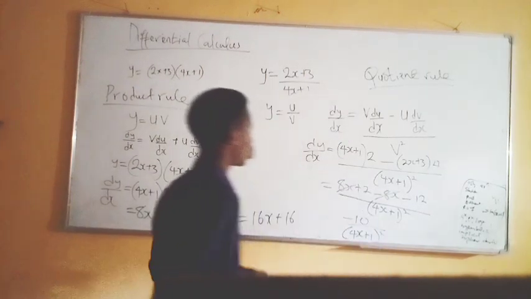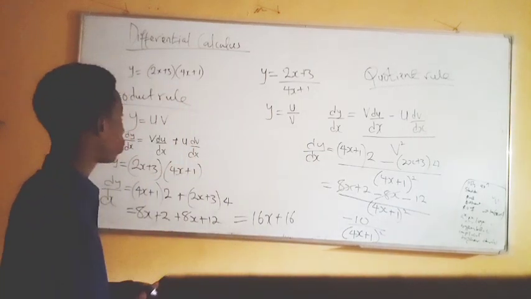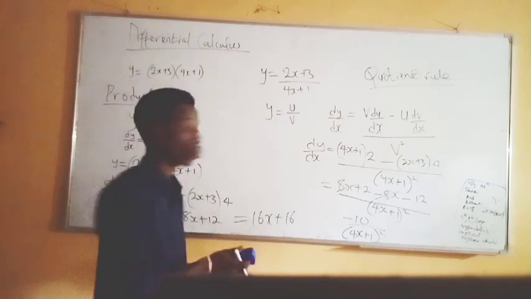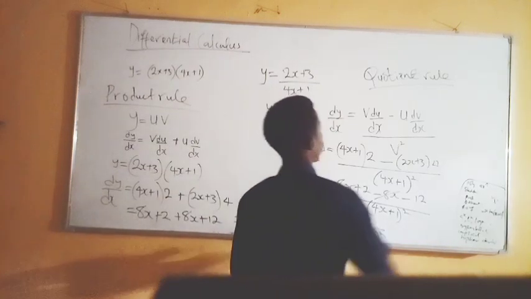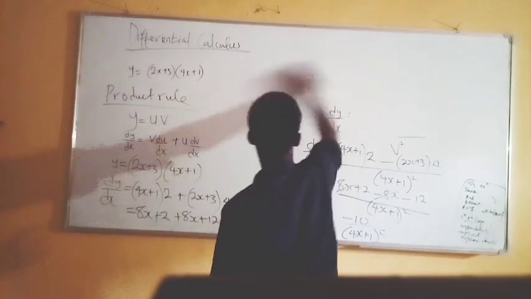The next one I'll show you is function of a function. Function of a function simply means in one equation we have two functions there. So let me show you how it works.